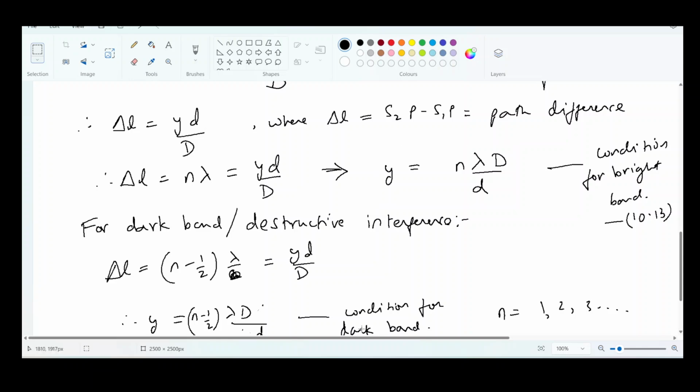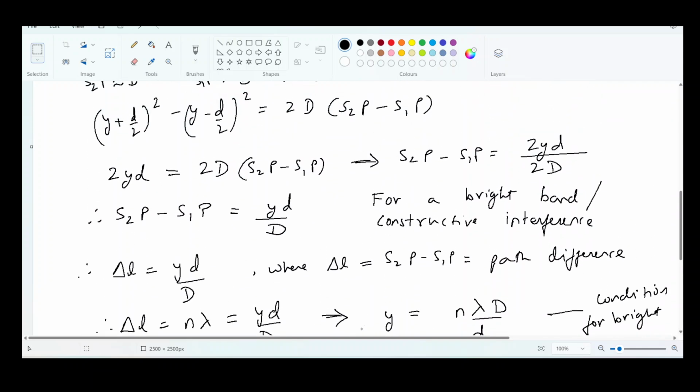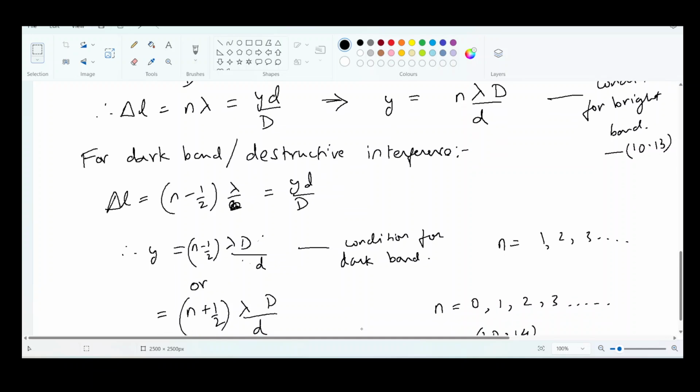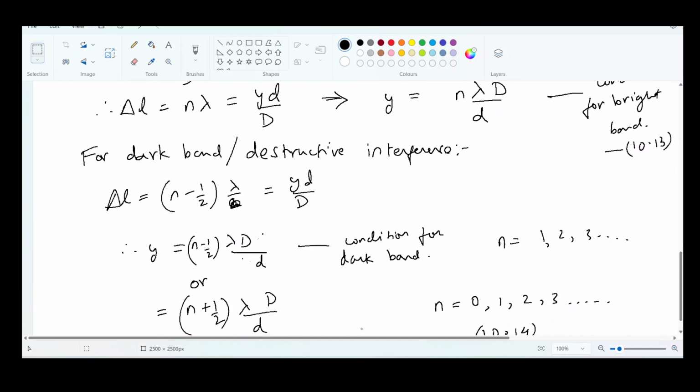By the way, a small addition which I need to do is this. Here you can have 0 as well. Why? Because the minimum path difference that the two waves can have is 0.